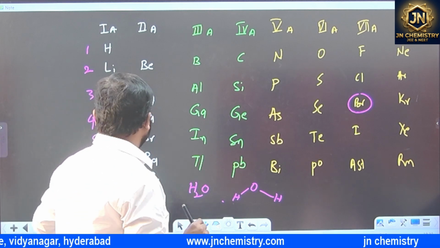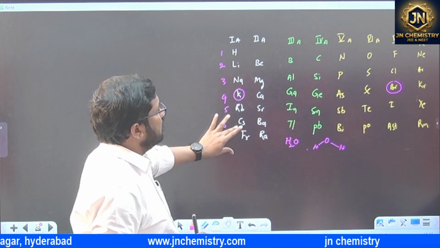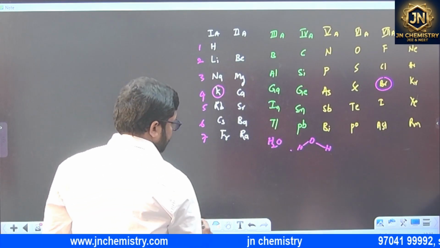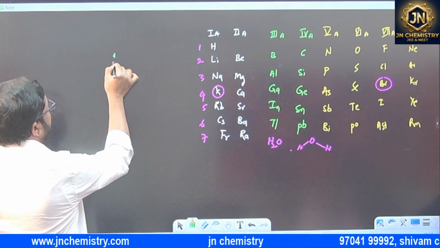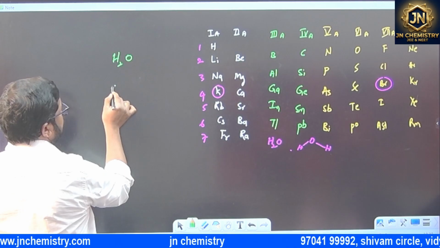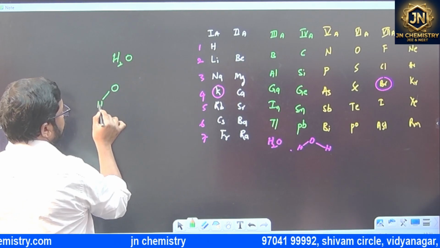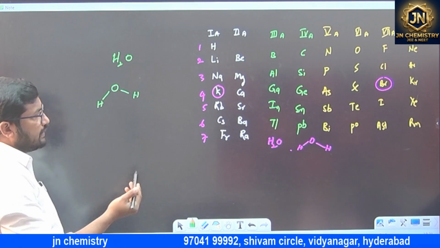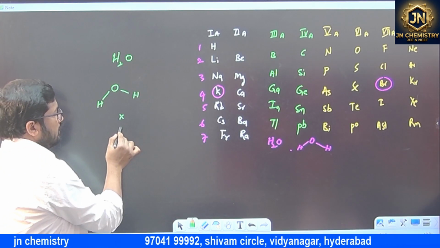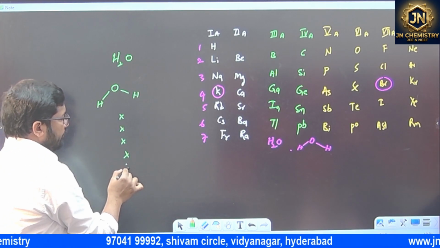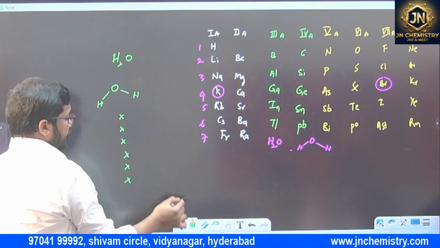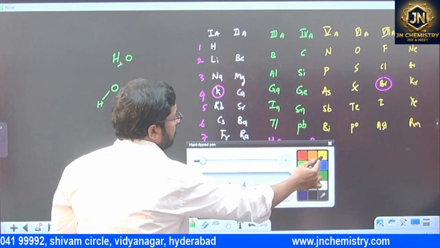So now we'll do water. H2O is given. Oxygen is the central atom. Oxygen belongs to 6th A group, means 6 electrons, like this: 1, 2, 3, 4, 5, 6. 2 hydrogens are there, each hydrogen will take one electron.